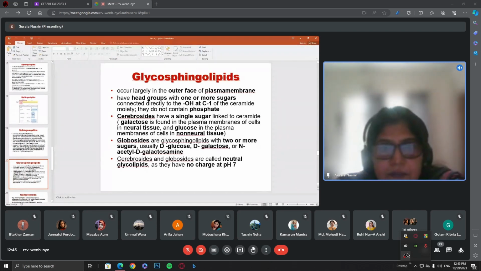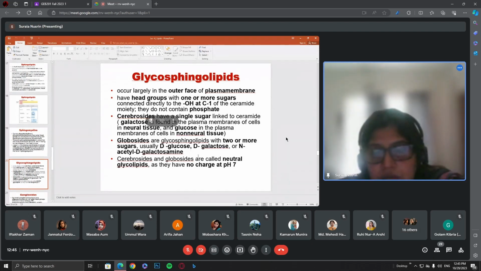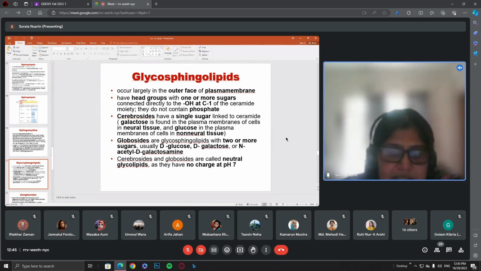Another type of glycosphingolipid is called globosides. Globosides have 2 or more sugars. That means when more than one sugar is present, we call them globosides. The sugar residues are usually D-glucose, D-galactose, and N-acetyl-D-galactosamine.